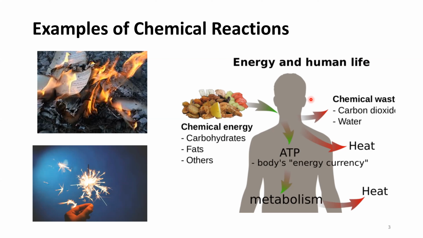Now, another example is the one on which all of our structure and our physical activities are based. That is what is happening in our body system. You know that we take different components in our food. We are taking carbohydrates, proteins, fats, vitamins, and a lot of liquids.